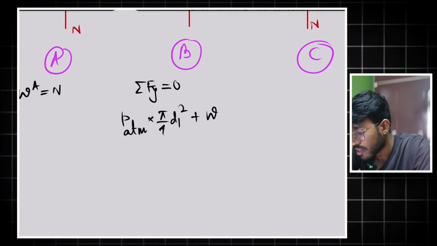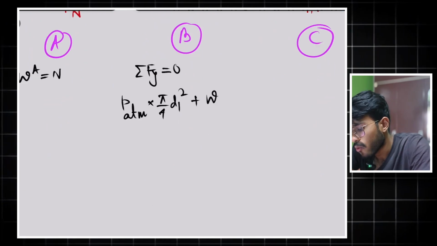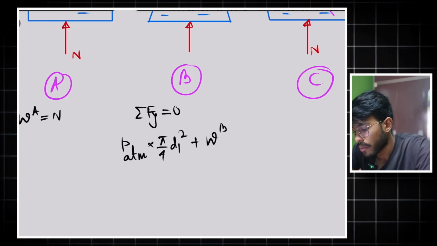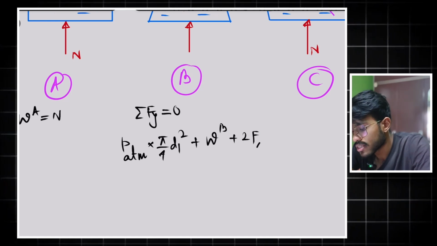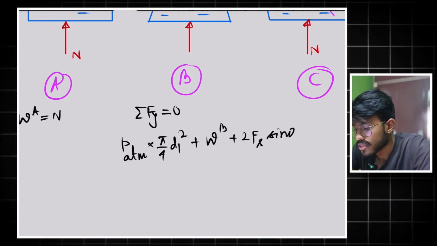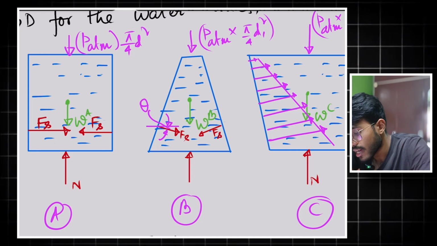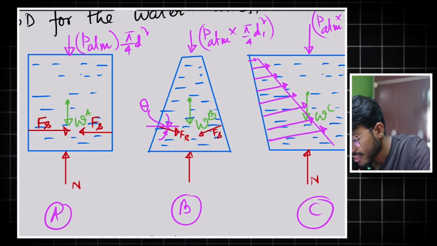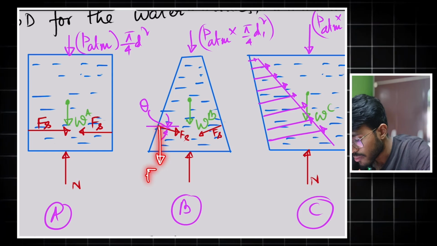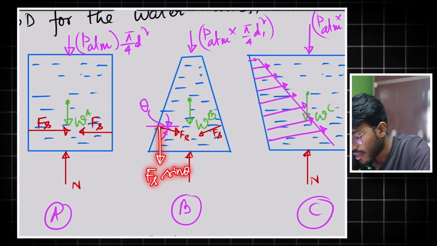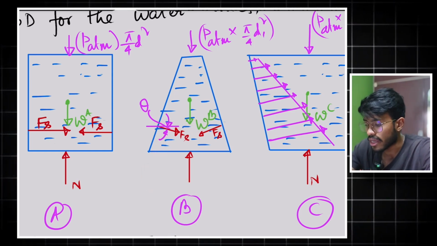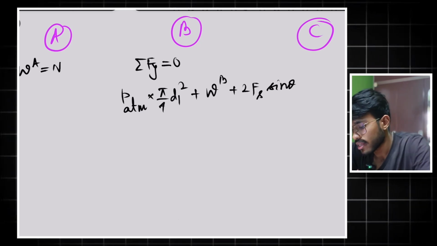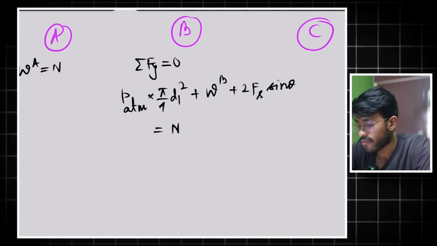So plus WB, that is the weight of the water in tank B, plus 2 Fs sine theta. See here, this is theta. So in this direction, this will be Fs sine theta, and in the horizontal direction, it will be Fs cos theta. Okay, so this will be equal to the normal force.